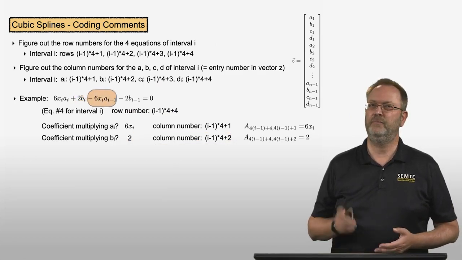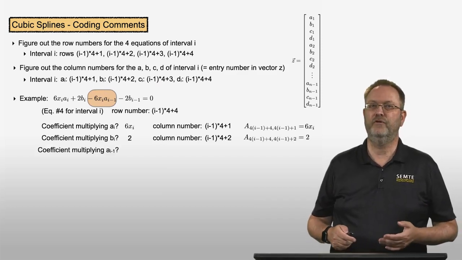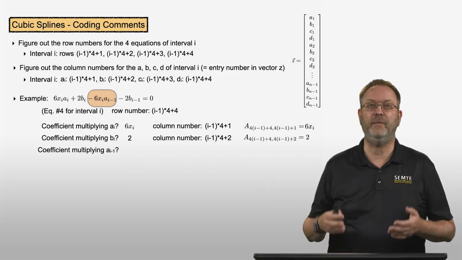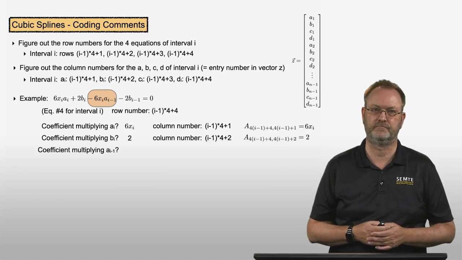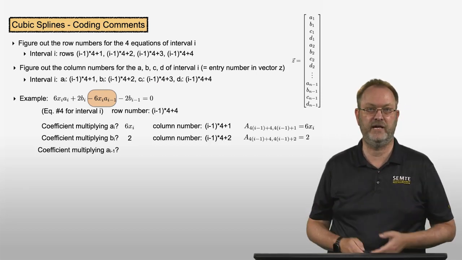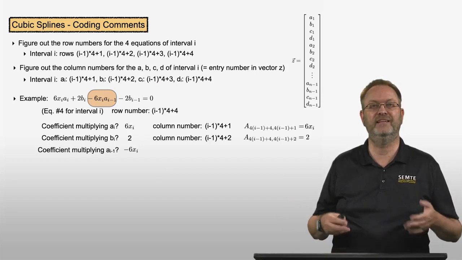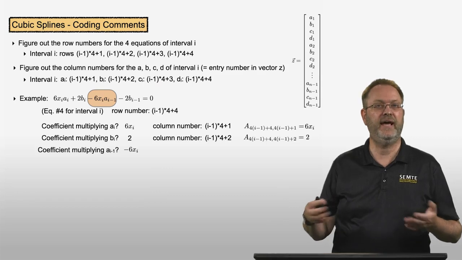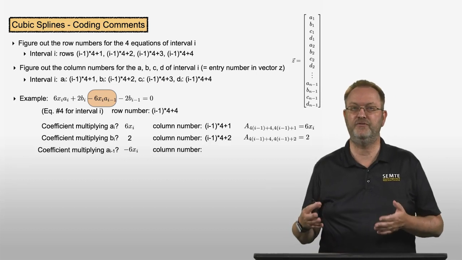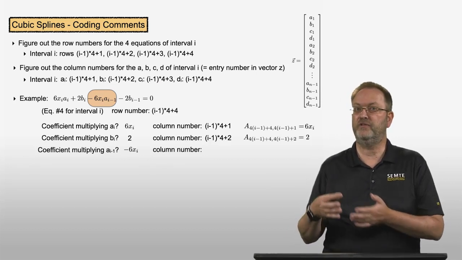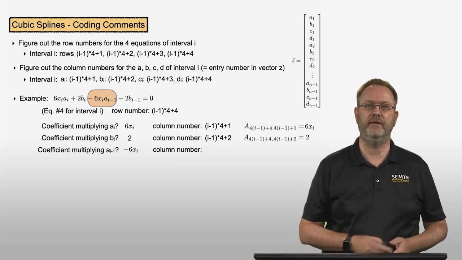Okay, a little bit more interesting is now this part of the equation. It's the coefficient that multiplies A sub I minus 1. It's the A coefficient from the neighboring subinterval. So we're at subinterval I minus 1 with this. Well, first, what's the coefficient for A sub I minus 1? Well, it is negative 6 times x sub I. But what's the column number for this entry? It's not the A of interval I, but it is the A of interval I minus 1.